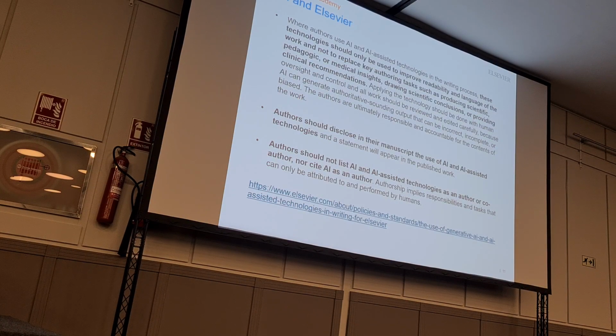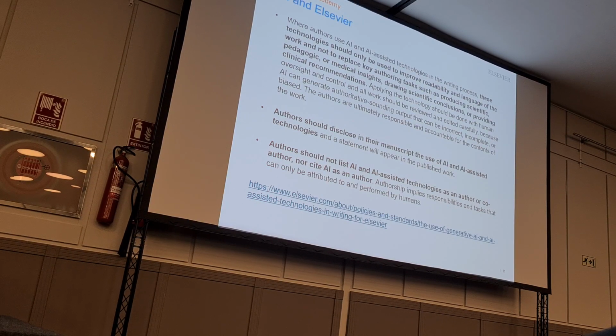And talking about AI, if authors use AI and AI-assisted technologies in the writing process, they should only be used to improve the readability and the language of the work, and they shouldn't replace any of the key authoring tasks that an author should be doing, like producing scientific or medical insights, or drawing scientific conclusions, or providing recommendations.